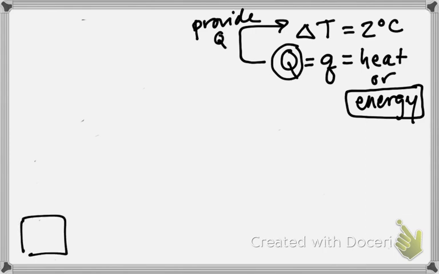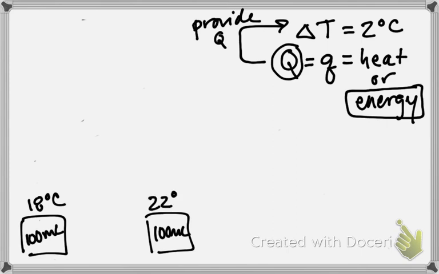So we've got 100 mils and 100 mils, and we've got 18 degrees C, and we've got 22 degrees C. They're going to settle right in the middle at 20 degrees C. But others of you did other things. So we've got some people that added different amounts of water. So we have to look at that.